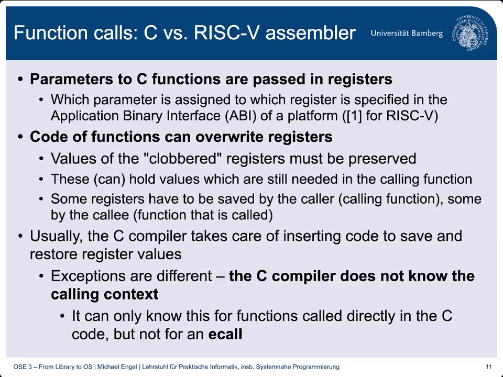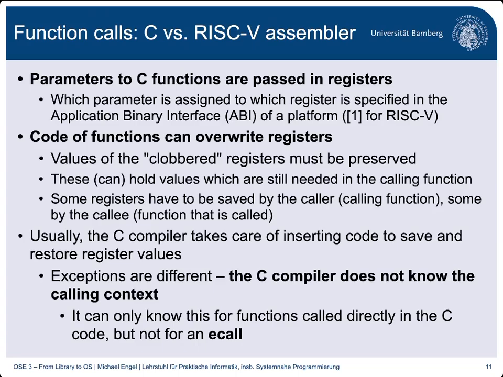In addition to inserting code to store the RA register on the stack and retrieving it before returning, it also inserts prolog and epilog code to save registers, either before jumping if the compiler knows these values are needed later, or, for the callee-saved registers, saving them in the prolog of a function and restoring them in the epilog.